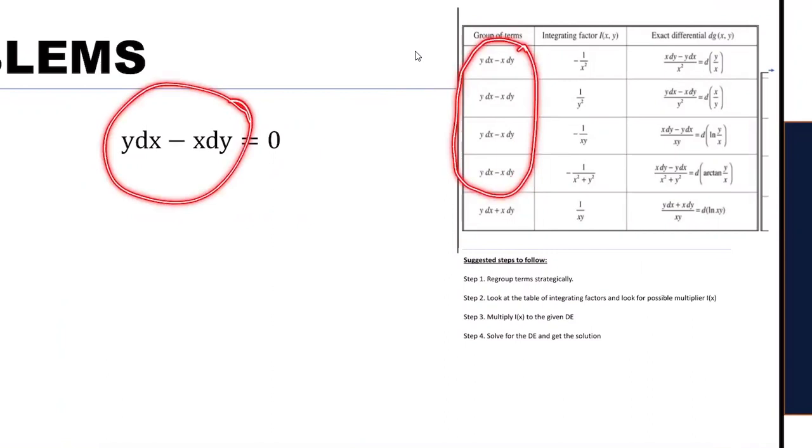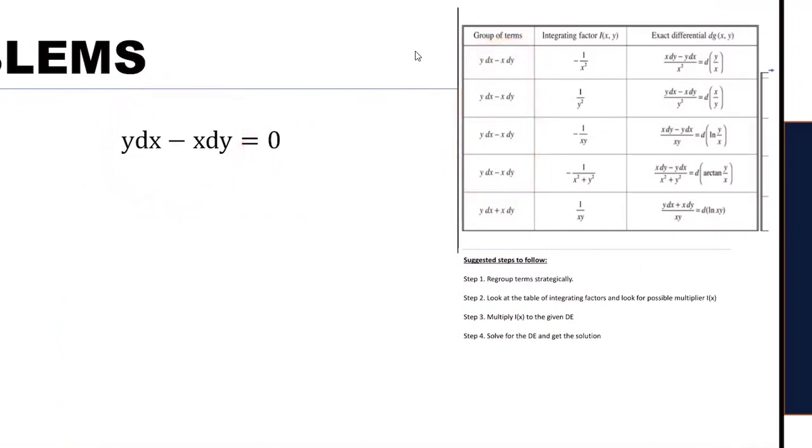Okay? As stated dito, ang magiging integrating factor daw natin are these four values. And then, once we multiply that, kapag nakakita tayo ng ganitong value, pwedeng daw natin makuha yung exact differential niya. Okay?